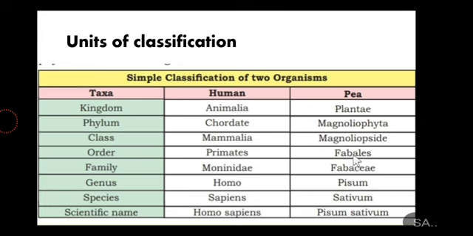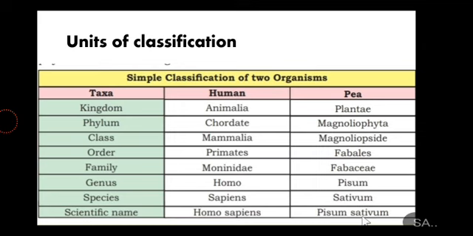Order is Fabales. Class is Magnoliopsida. The division of pea is Magnoliophyta, since it's a plant, so we are using the word division instead of phylum. And then the kingdom is Plantae. Finally, its scientific name is Pisum sativum.